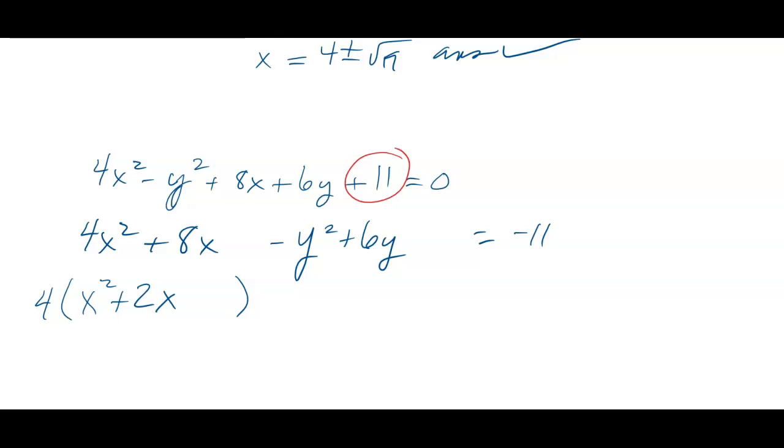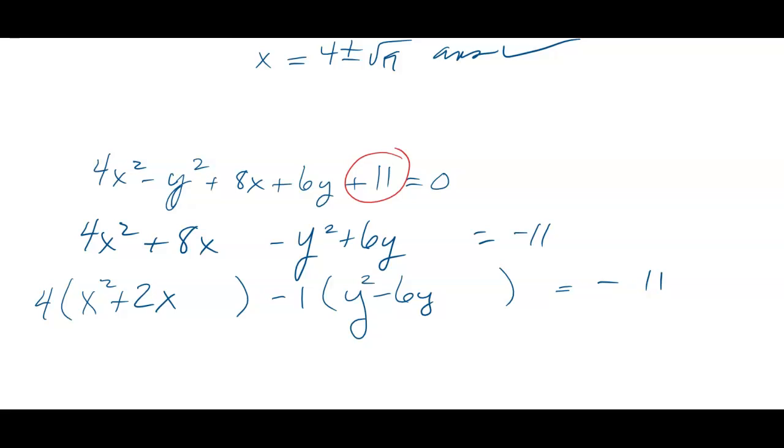So factor out so that the squared term has a 1 as a coefficient. That means when you're dealing with the y's, you need to factor out a -1. That leaves you with a positive 1 coefficient for y squared, and then it becomes minus 6y, and leave your space. Now this is where it also gets a little tricky, because we're going to go through completing the square.